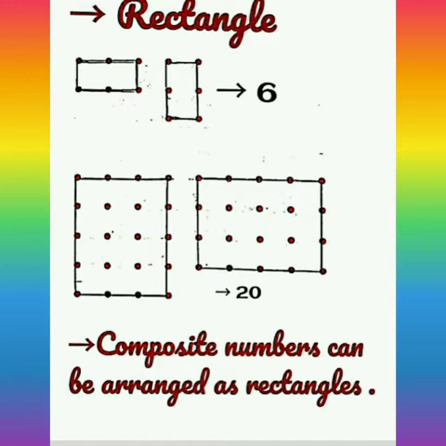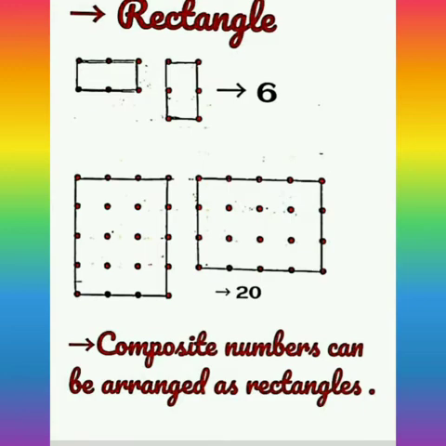Now students, we cannot arrange numbers like 3, 5, 7, 11, 13, etc. as rectangles. Why? Because they are prime numbers, and prime numbers have only 2 factors. We can write them as 3 into 1 or 1 into 3.